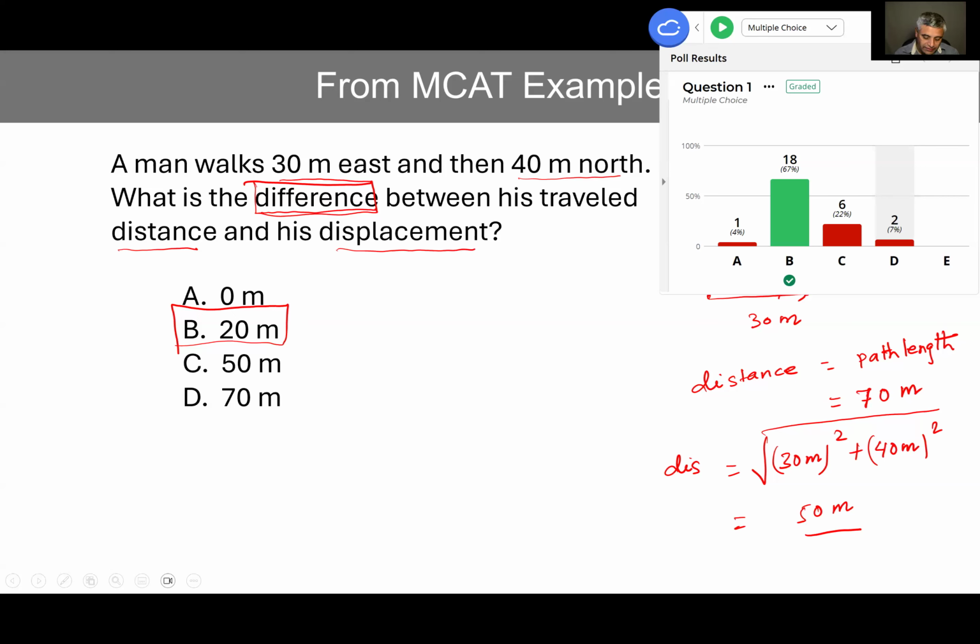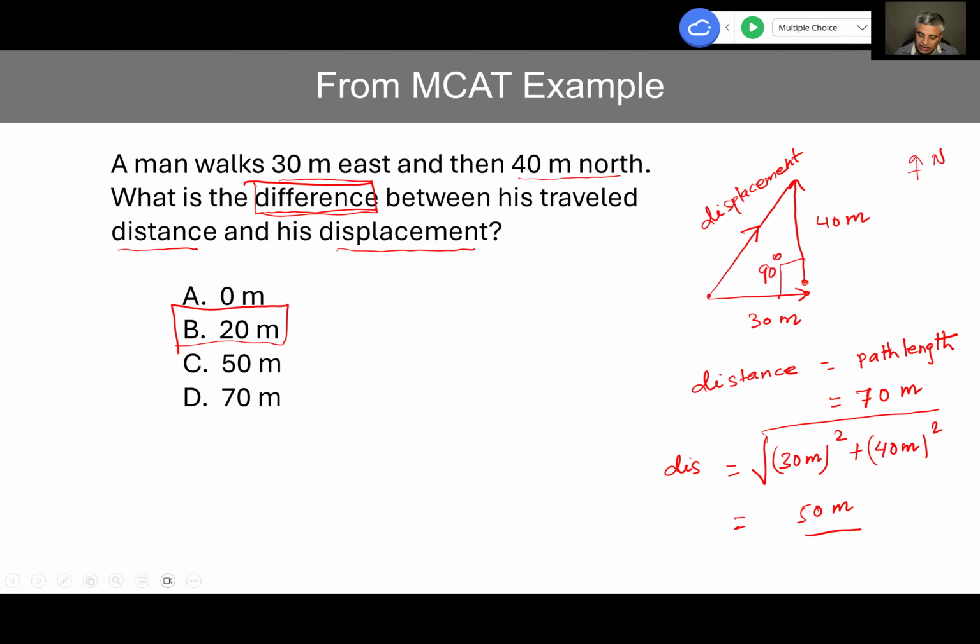And D I guess is simply the distance. And A, 0 meters, I don't know how you get that.